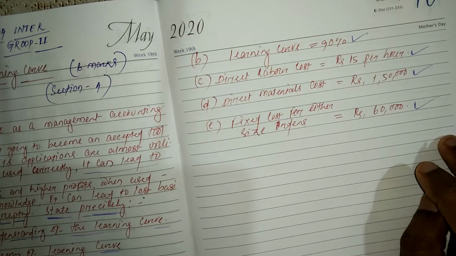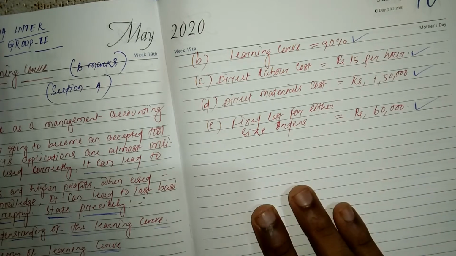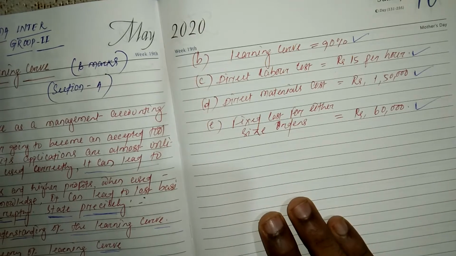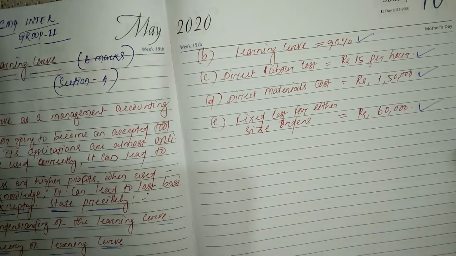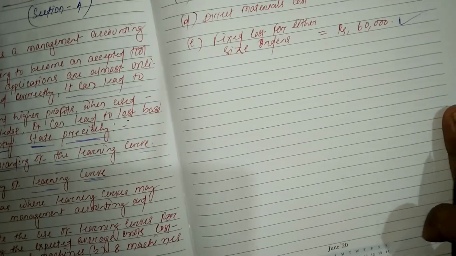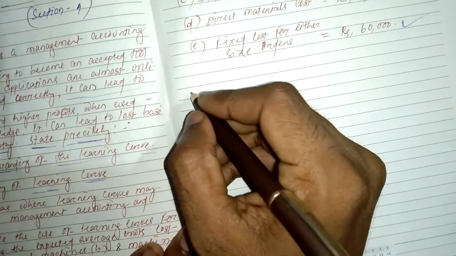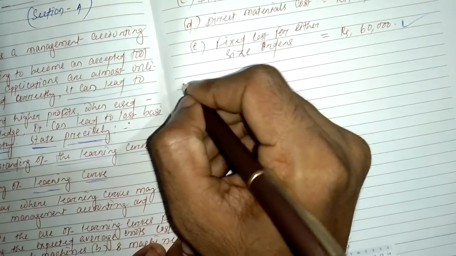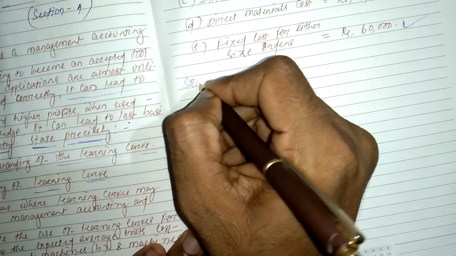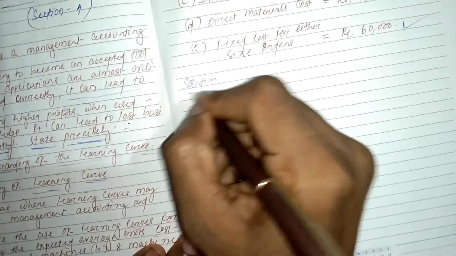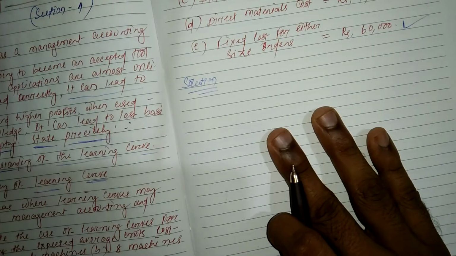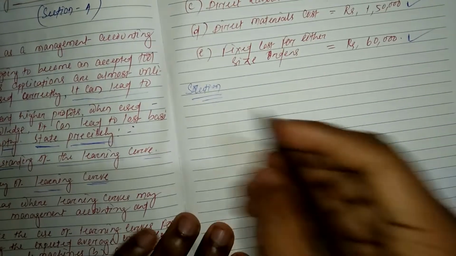Then we need to prepare the cost of making 4 machines and 8 machines. So let's solve this question. Very easy question.